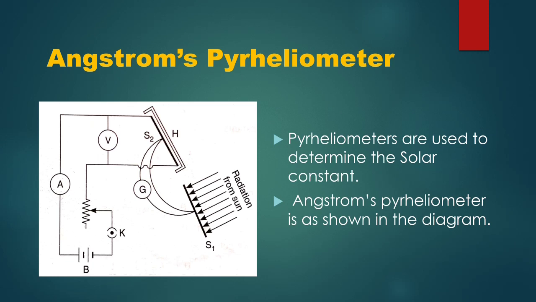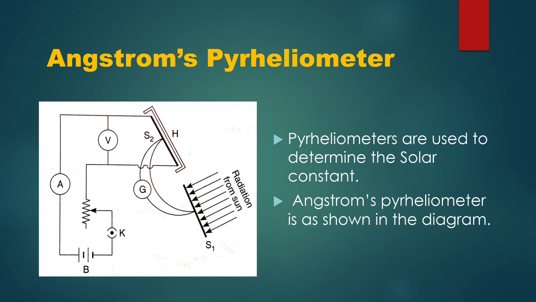Here the galvanometer is used to detect the current in the circuit. Here the thermocouple is made of two different metals, copper and constantan. Thus, the strip S2 is connected to an electric circuit containing a battery B, ammeter A, voltmeter V, plug key K, and rheostat.